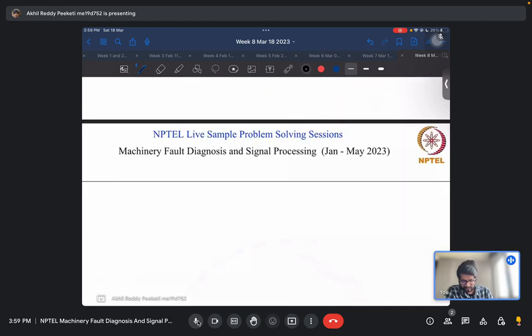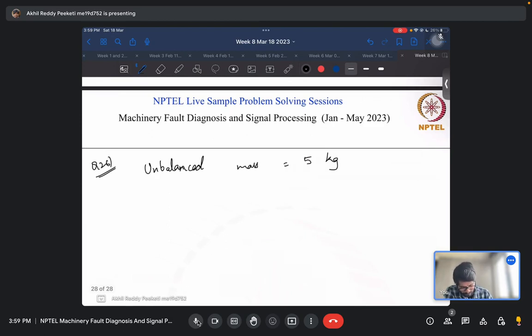So one more question before we leave. We'll look at unbalanced mass again. Let's say unbalanced mass of 5 kg and eccentricity of 0.1, and the RPM is 600.